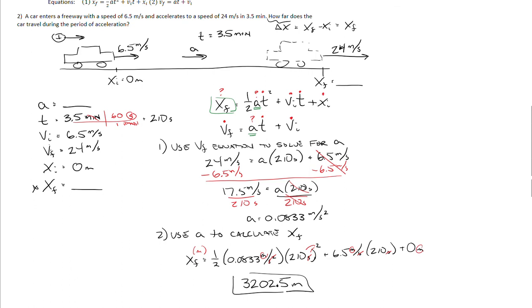But at the end, I'm going 24 meters per second. So maybe my average velocity is somewhere in that 15 to 18 range, right? And if I multiply that times 210 seconds, that seems to bear out. So I believe that answer makes sense, about 3,202.5 meters.